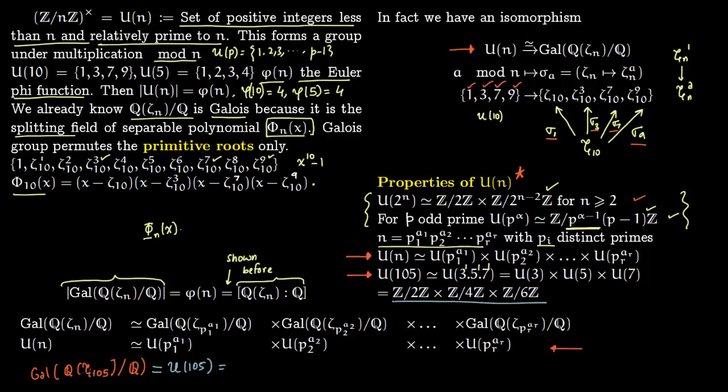So the Galois group of this extension, adjoining zeta 105 to the rationals over the rationals, is precisely Z/2Z times Z/4Z times Z/6Z. So a cyclic group of order 2, then a cyclic group of order 4, and then a cyclic group of order 6.